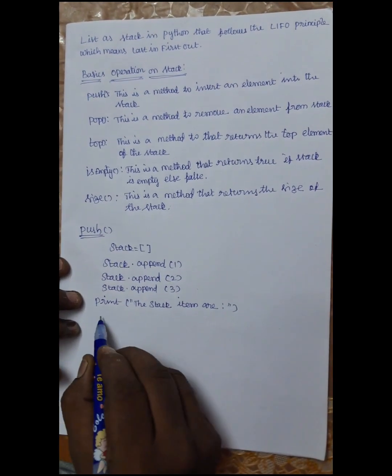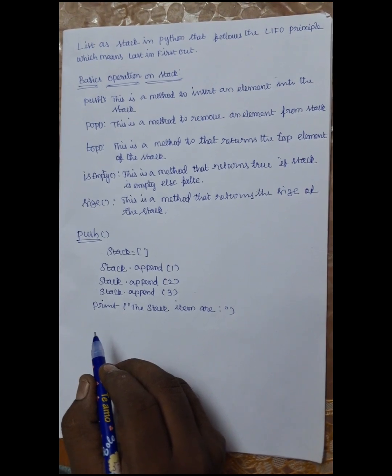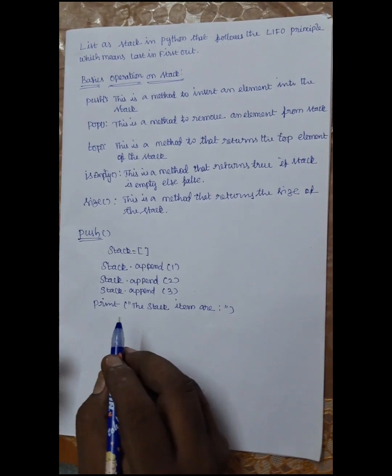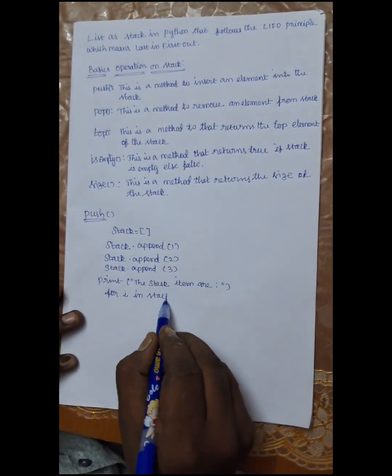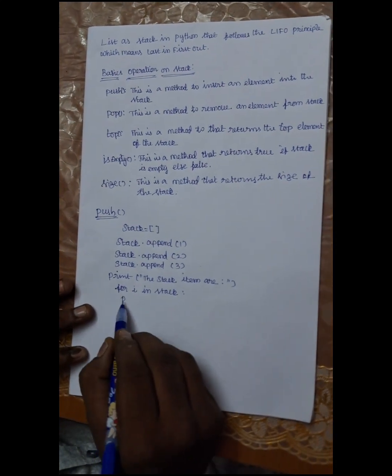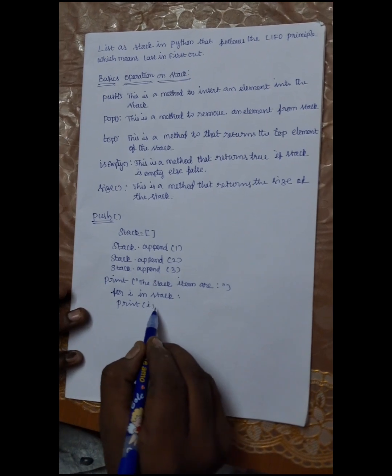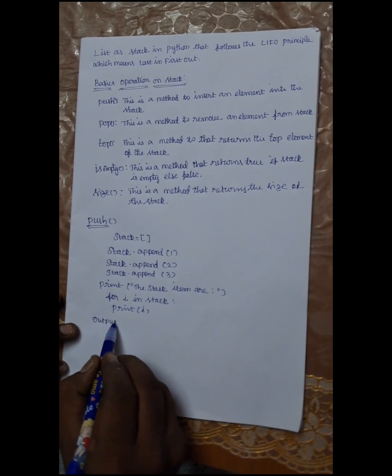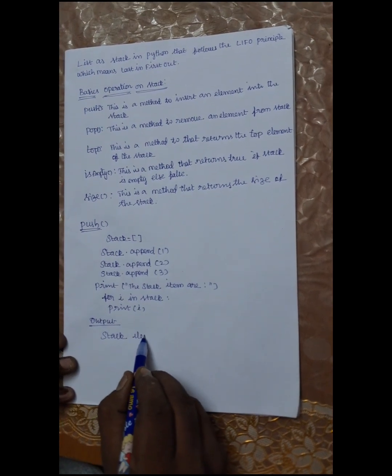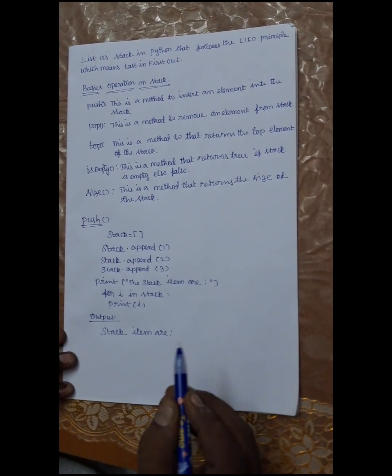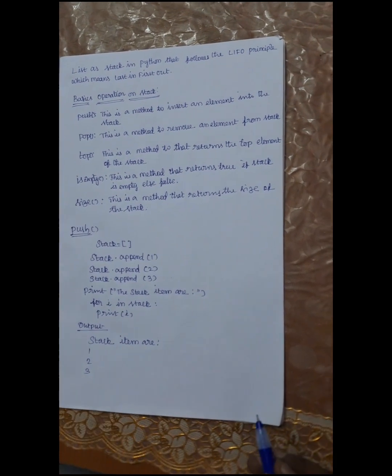Append means just adding the new element to the top of the list. In that example, 1, 2, 3, and print the 3 elements. What is the output? One, two, three.